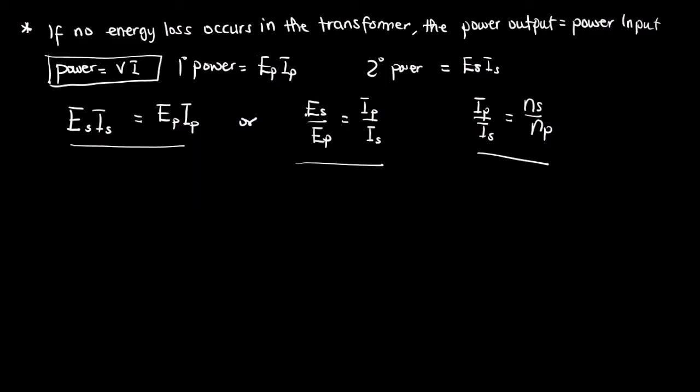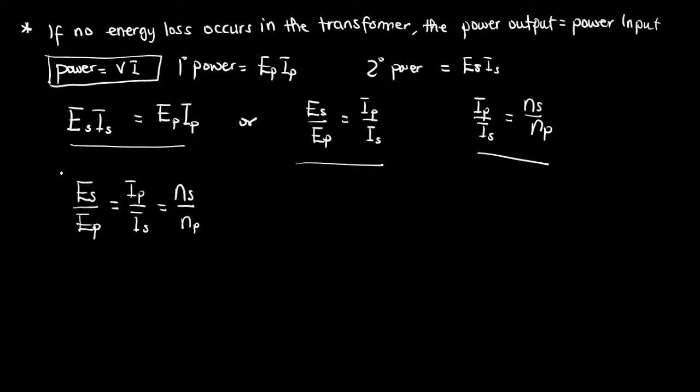Now if ES, the EMF in the secondary coil over the EMF in the primary coil, is equal to the current in the primary coil over the current in the secondary coil, and again this current in the primary coil over the current in the secondary coil is equal to the number of turns in the secondary coil over the number of turns in the primary coil, then we can see confidently from here that ES over EP, which is equal to IP over IS, is also equal to NS over NP.